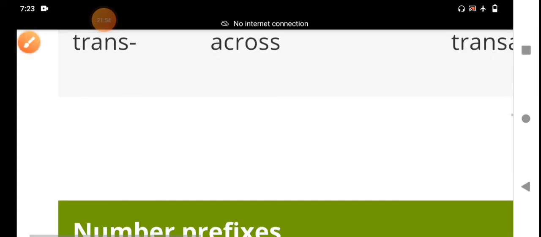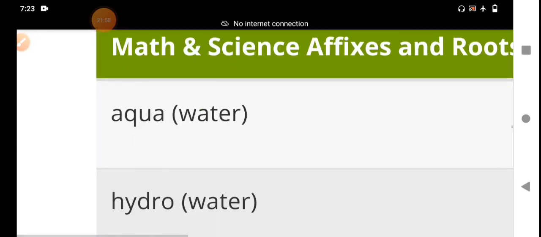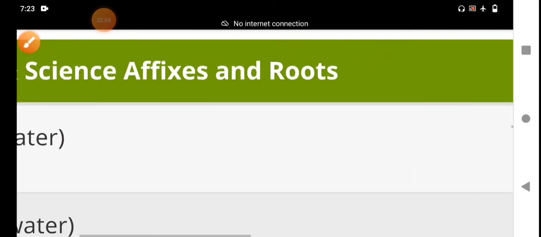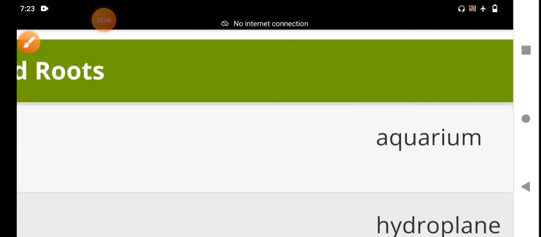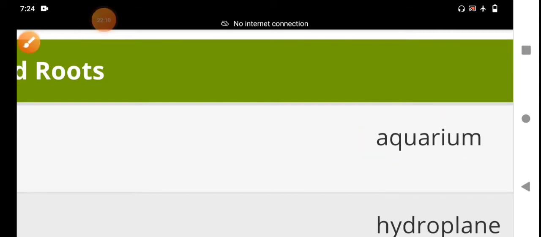And let us move on to the next word, aqua. What is the meaning of aqua? Aqua means water. For example, aquarium. What is the meaning of aquarium?